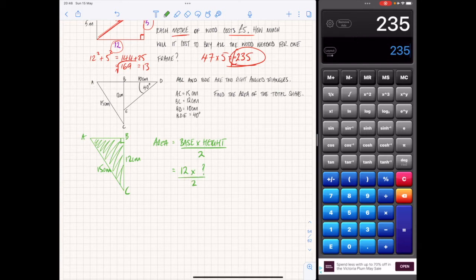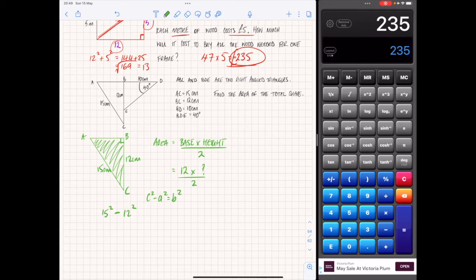Now the problem is I don't know this height here, but I can find it because this is a right angled triangle. So I would say 15 squared, and then I've got 12 squared. Now remember, think to yourself, this is a shorter side. So you're doing square, square, and then subtract. Or if you're using the formula, you're doing c squared minus a squared is equal to b squared.